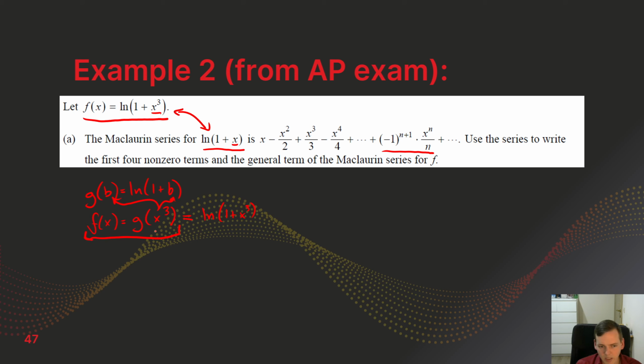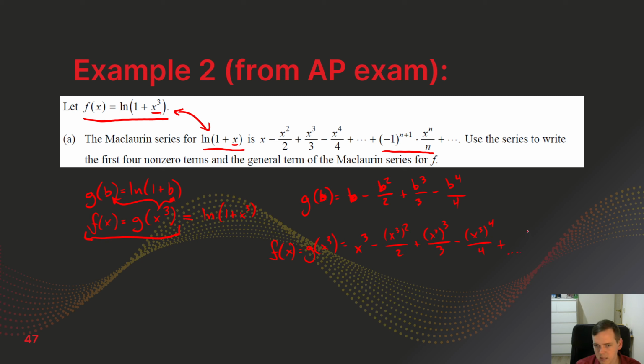Because that means if all that we're doing is plugging x cubed into our function, then when our function g of b is equal to b minus b squared over 2 plus b cubed over 3 minus b to the 4th over 4, well, we know that f of x is equal to g of x cubed, which is equal to x cubed minus x cubed squared over 2 plus x cubed to the 3rd over 3 minus x cubed to the 4th over 4 plus dot, dot, dot.